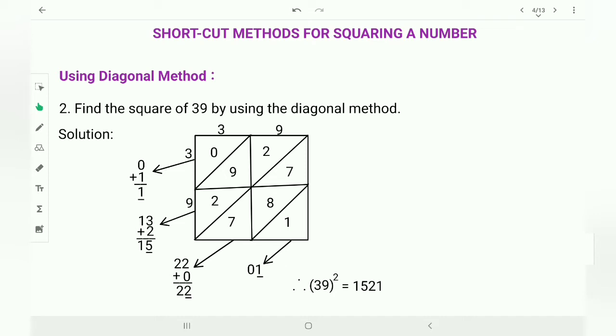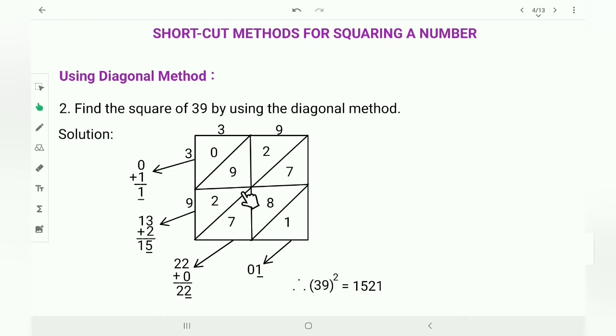After writing horizontally and vertically, you have to multiply this 3 by the 3 and 9 at the top of the square, one by one, and fill the product in the squares that you have divided using diagonals.